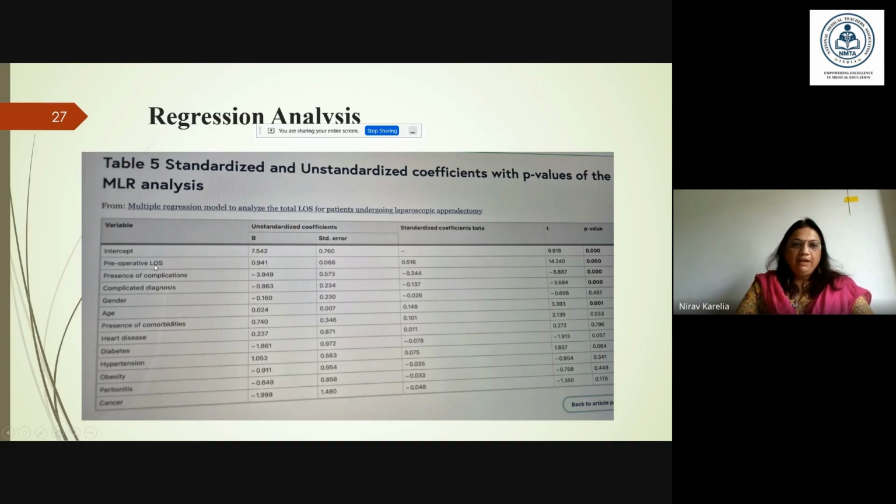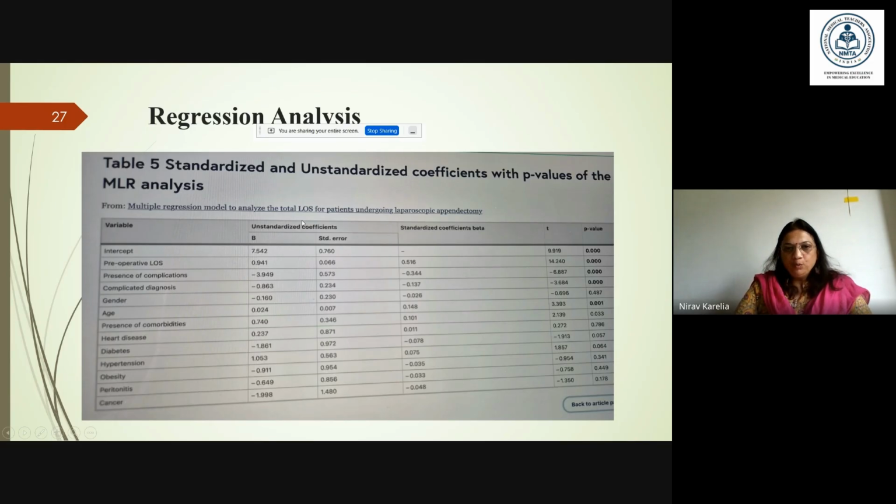My main dependent variable is length of hospital stay, LOS. Presence of complication, diagnosis, gender, age, morbidity, heart disease, and diabetes are all independent variables, more than 2.